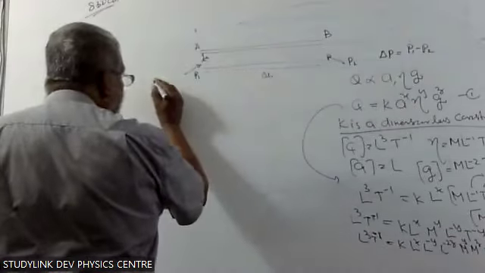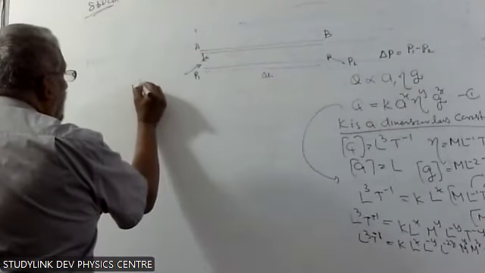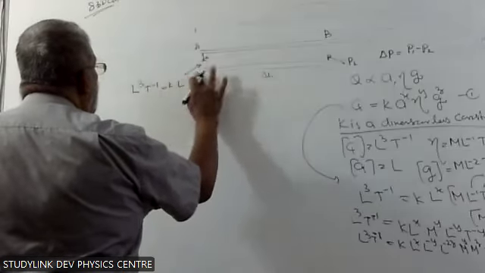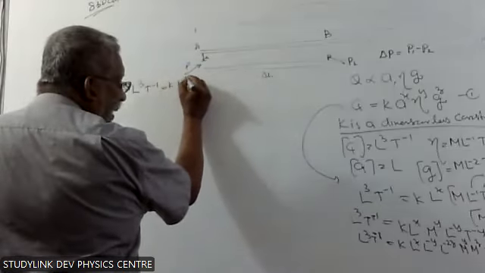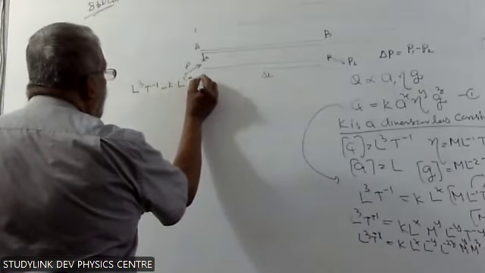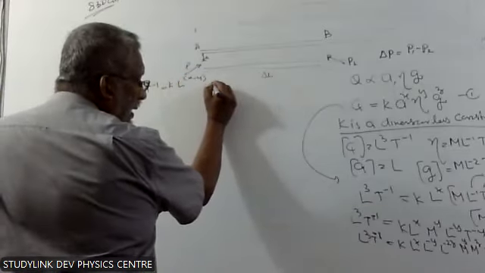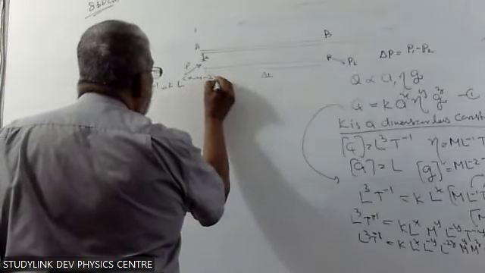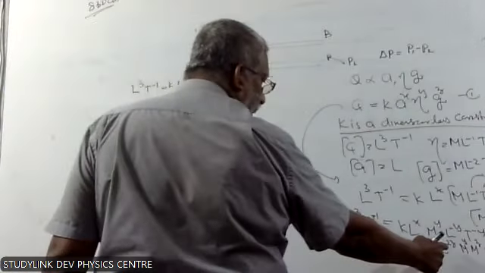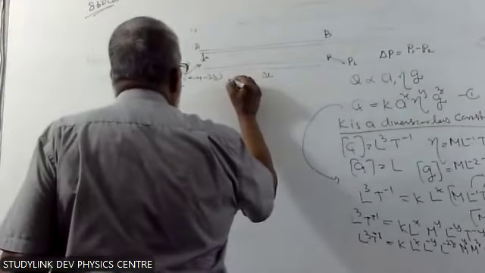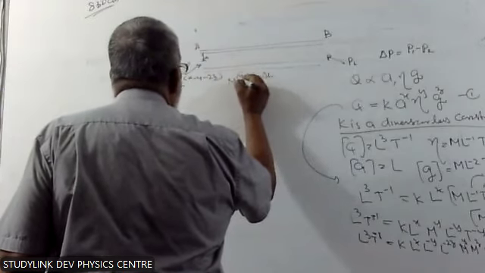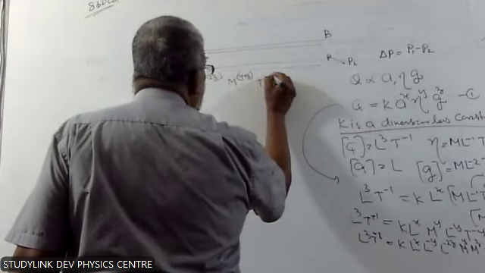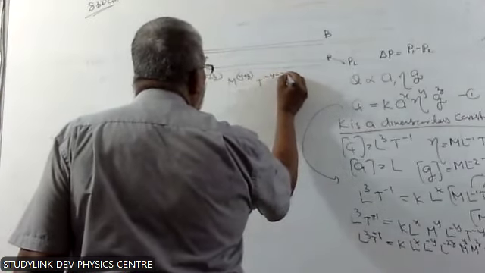I'll take here L cube T minus 1 is equal to K L, then power is X minus Y minus 2Z. L, there are three terms. M, Y plus Z. T, minus Y minus 2Z.